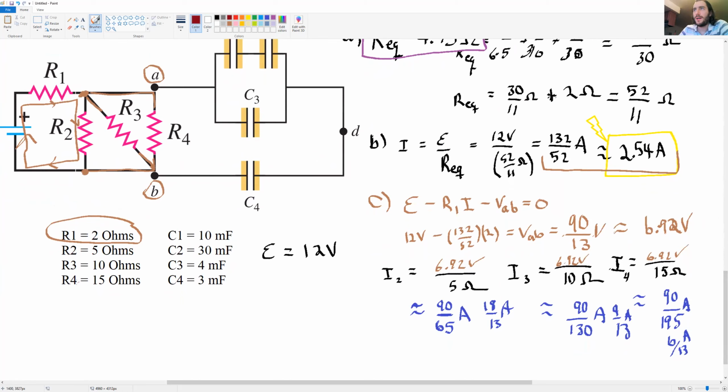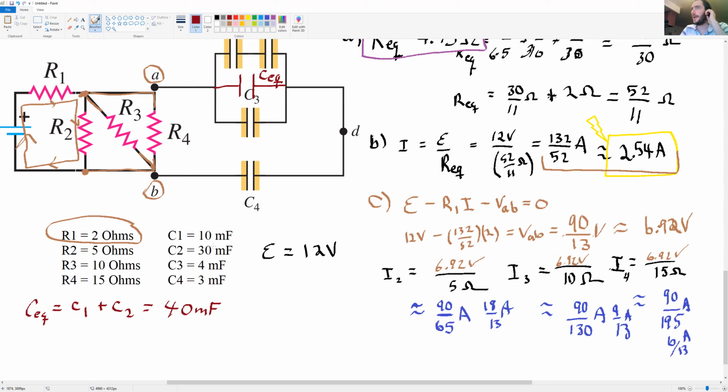Now, in order to combine capacitors in parallel, we add them up. So C1 plus C2 is going to be an equivalent capacitor here, like so. So there's a CEQ there, right? And that's C1 plus C2, so that gives 40 millifarads.